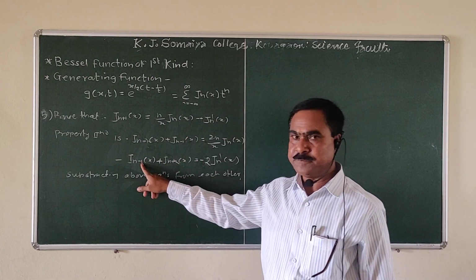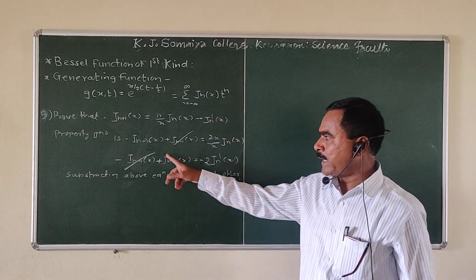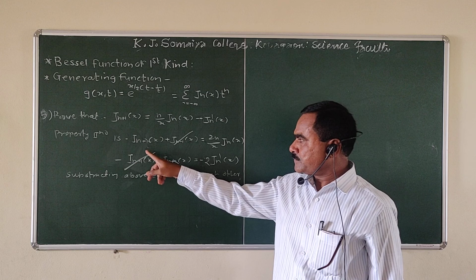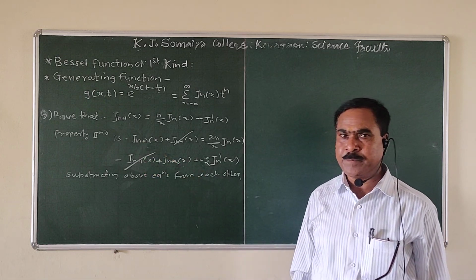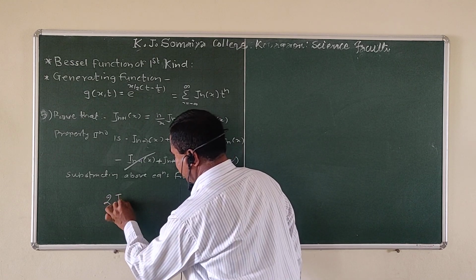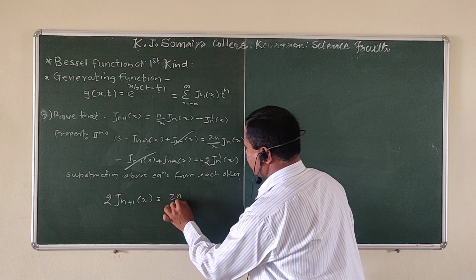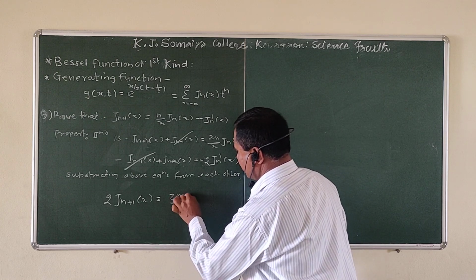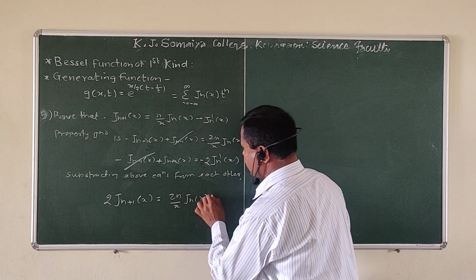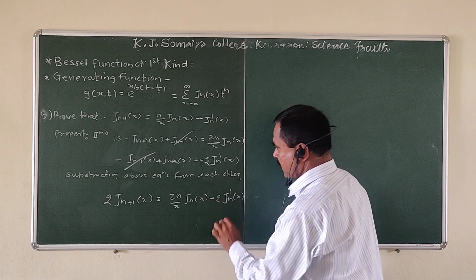This term and this term get cancelled, and we write the left side, that is 2 times J n plus 1 of x, equal to twice n upon x J n x minus twice J n dash x.